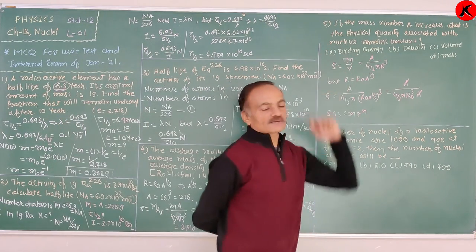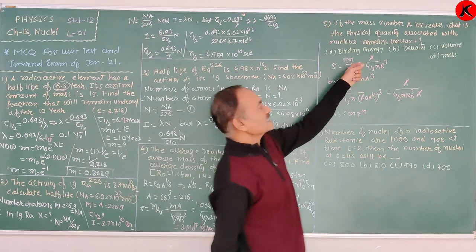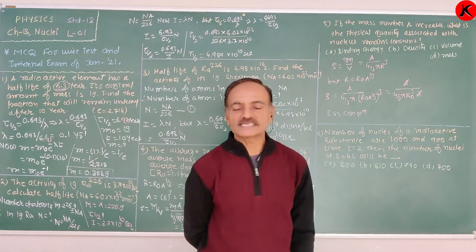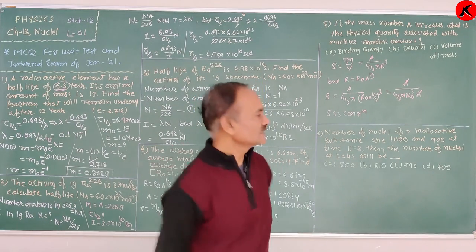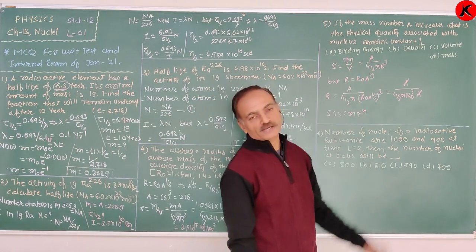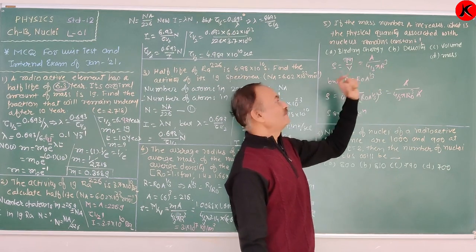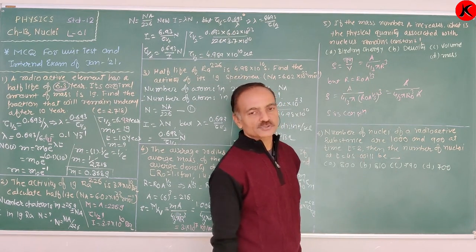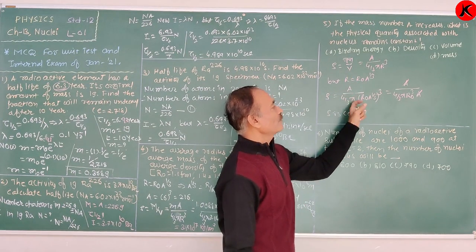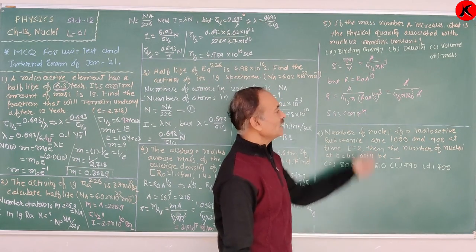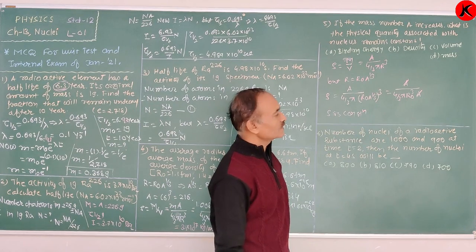Again, the density rho is equal to mass upon volume. Mass depends on the number of nuclei. Yes, if the number of nuclei increases, density would increase according to this. But average radius R is equal to R0 A to the power 1/3. Substituting here, density is equal to A upon 4 by 3 pi, instead of R, R0 A to the power 1/3 whole cube.